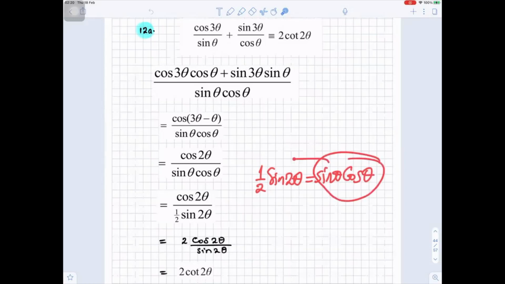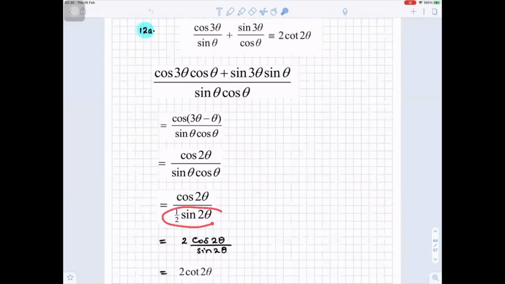So we replace sin theta cos theta with a half sin 2 theta. Now cos 2 theta divided by sin 2 theta gives you cot 2 theta. And 1 divided by a half gives you 2. So you get 2 cot 2 theta.